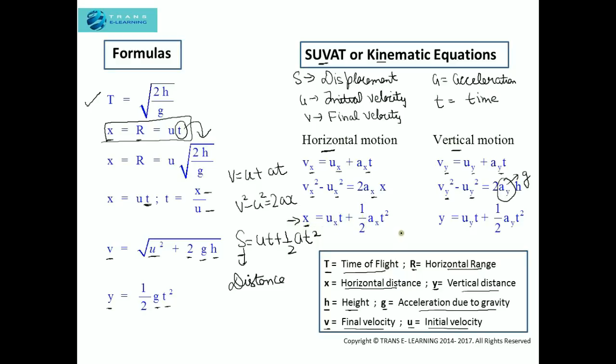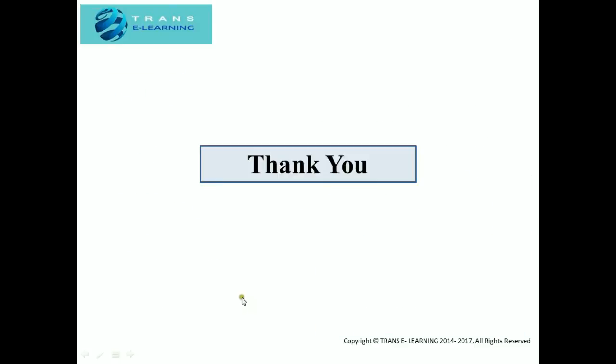For the vertical motion, we can use y equals uyt plus half ayt square. Here, instead of y, we can write h, and instead of ay, we can write g. So this can be written as h equals uyt plus half gt square. So that was all about the quick recap and summary related to projectile formulas and equations.